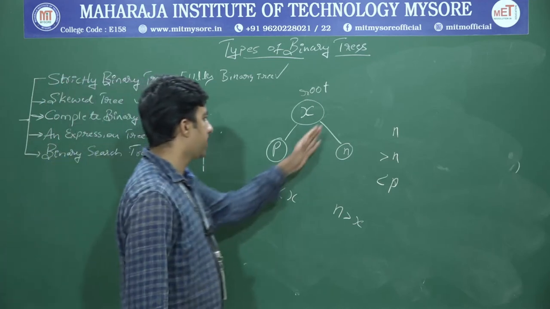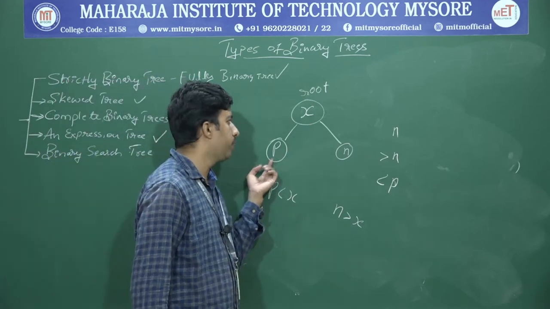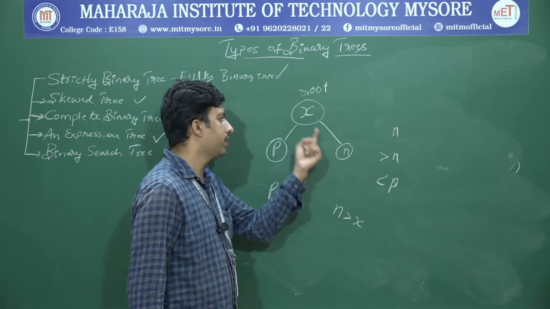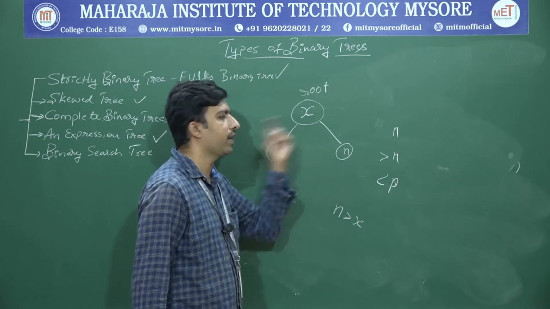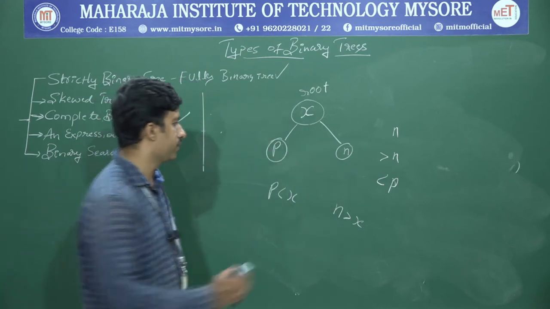The elements towards the left are less than x, and the elements towards the right are greater than x. This is the binary search tree.